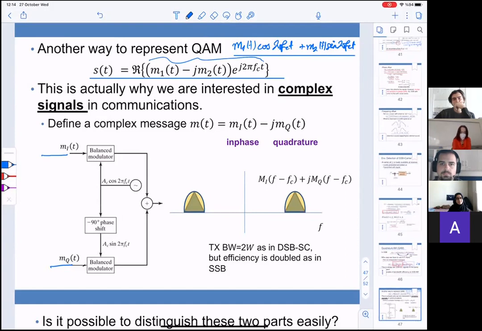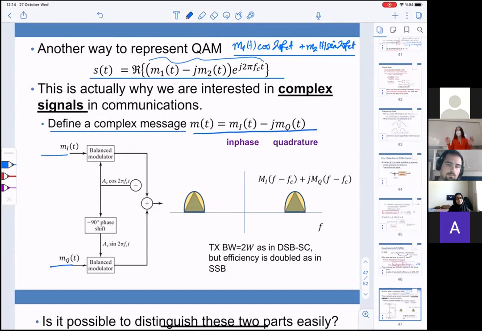Now define a complex message as mi of t minus j mq of t. A complex message is the combination of two independent messages, if you will. I mean, they do not need to be independent, but two messages such that mi of t is the in-phase component and mq of t is the quadrature component.